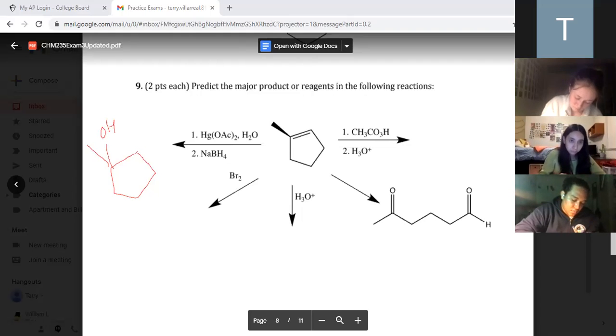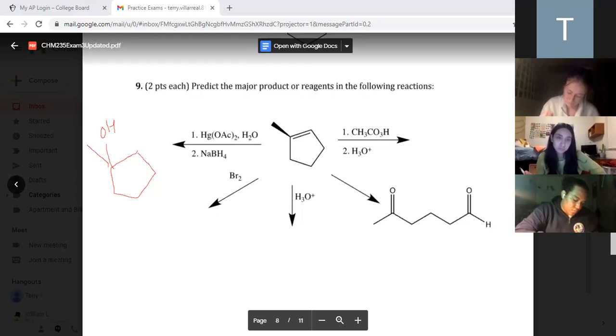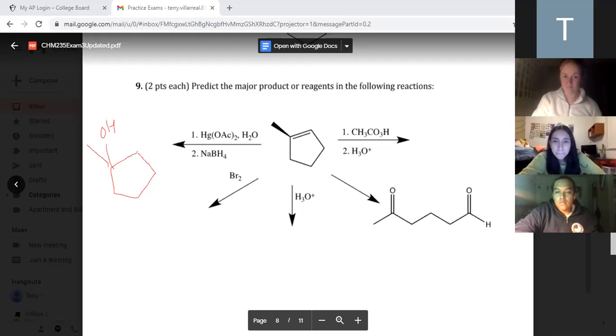The other side gets the hydrogen, but okay.